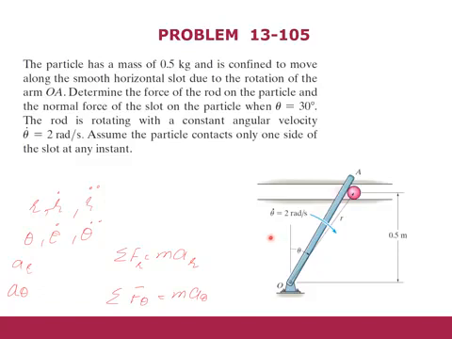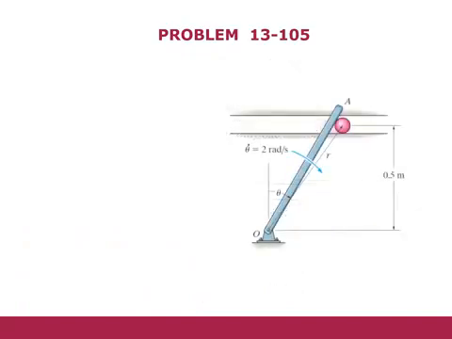In order to begin our solution, we will first draw the free body diagram to see what forces are acting on our particle. We will then calculate the normal force and the force of the rod on this particle A. In the free body diagram we will first extend our axis.